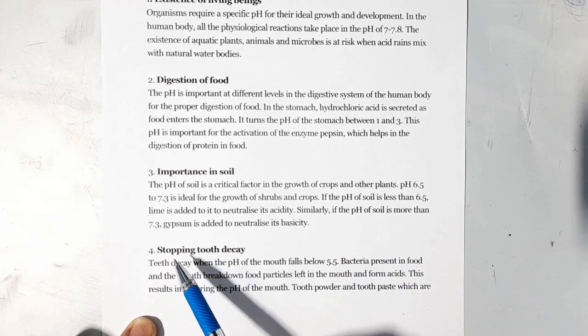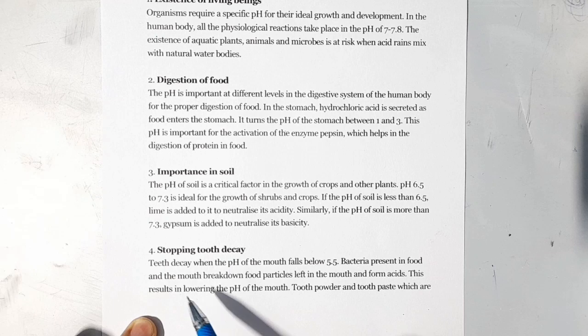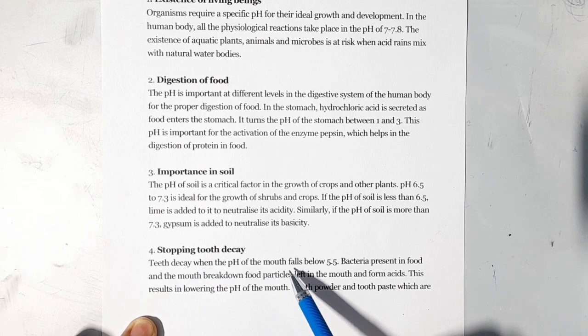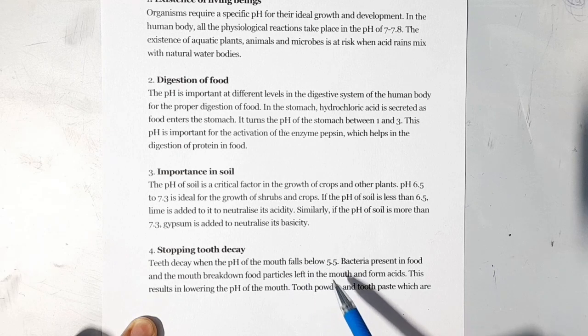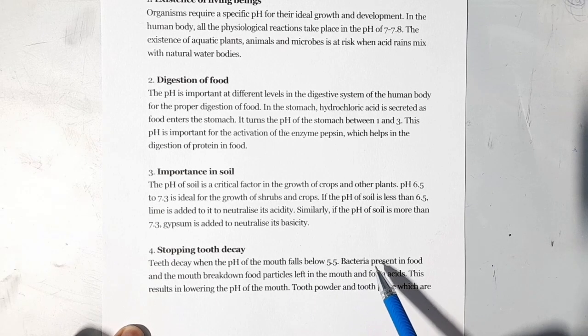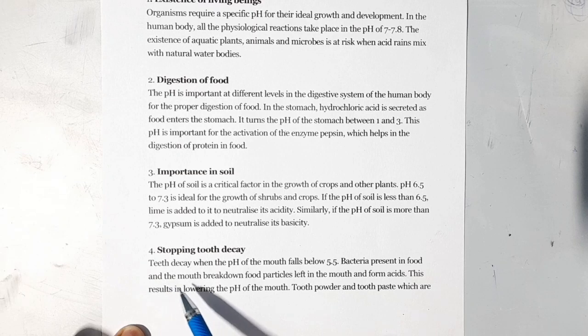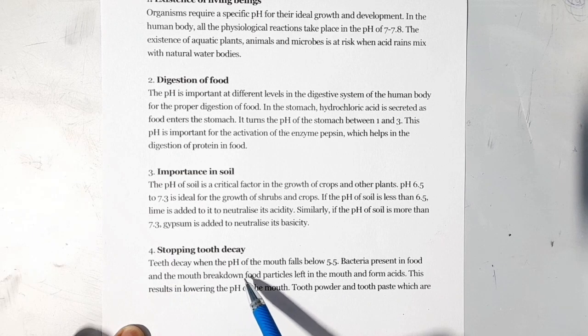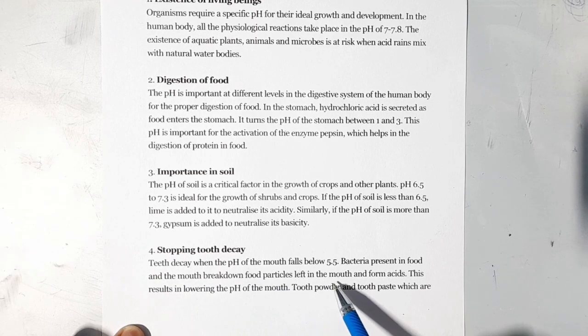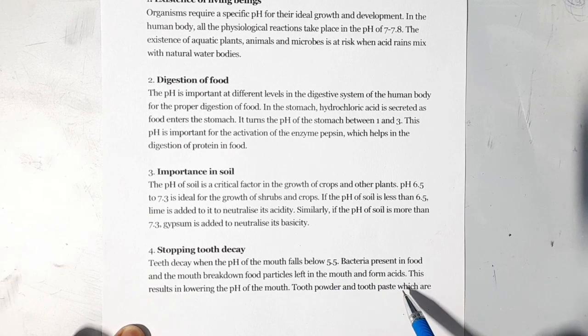Next is stopping tooth decay. Teeth decay when the pH of the mouth falls below 5.5. Bacteria present in food and the mouth break down food particles left in the mouth and form acids.